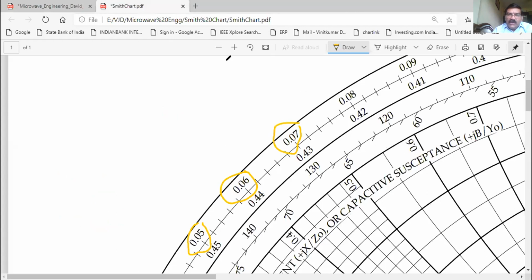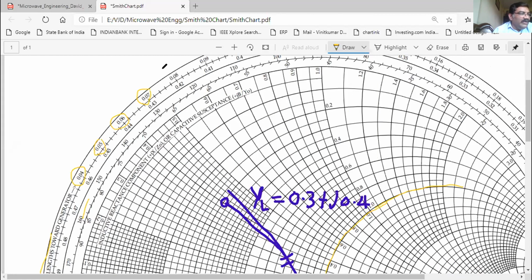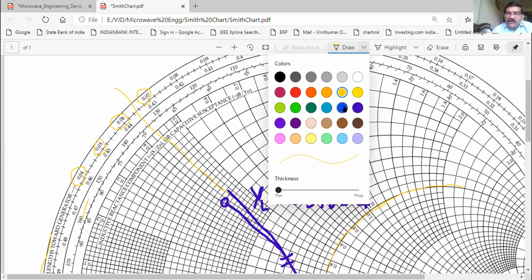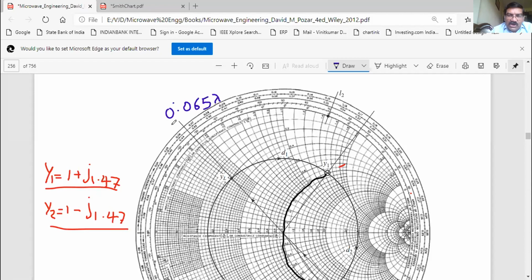Whatever the YL, if you extend this YL, you will get 0.065. So if this line is extended outside, it will be somewhere here, 0.065. Same thing I am showing here, 0.065.